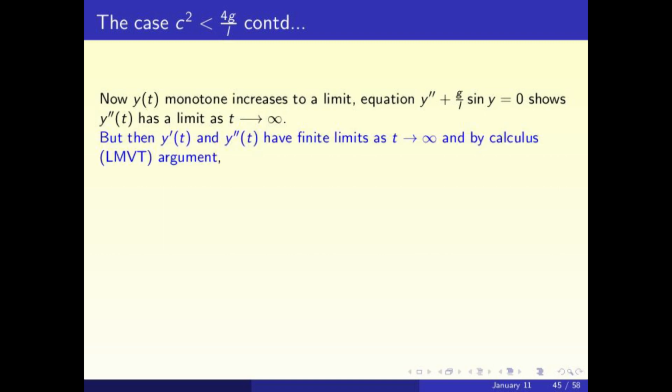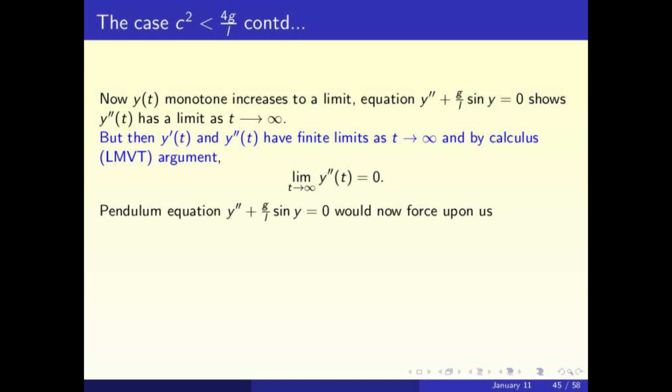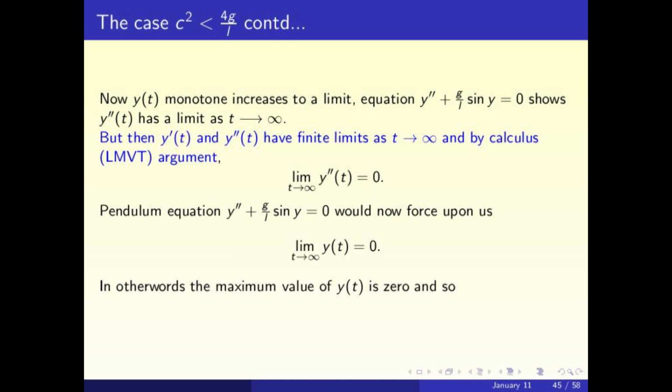But the calculus lemma now must tell us that y double prime must necessarily go to 0, and therefore the pendulum equation will again give us that the limit of sin y of t must be 0, which means that alpha must be 0. But then that means the pendulum is stationary, it is not swinging at all, and that's a contradiction.